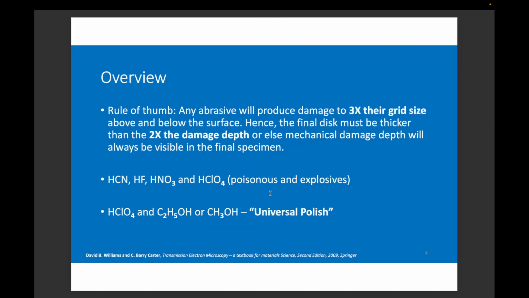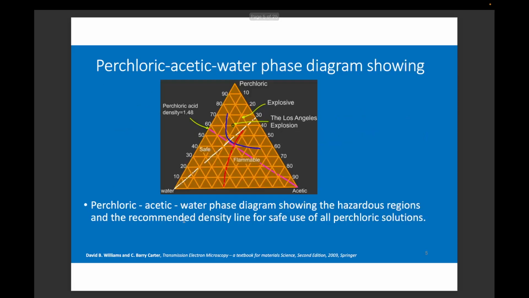Now coming to polishing, we use different types of polishing mechanisms. We use perchloric acid along with ethanol or methanol for the polishing of our sample and specimen. Then this is the phase diagram of perchloric acid, acetic acid and water that we have to take carefully into consideration, so that we will always be in the safe zone.